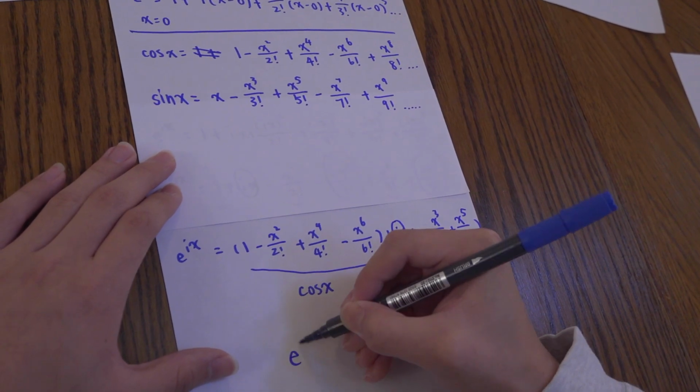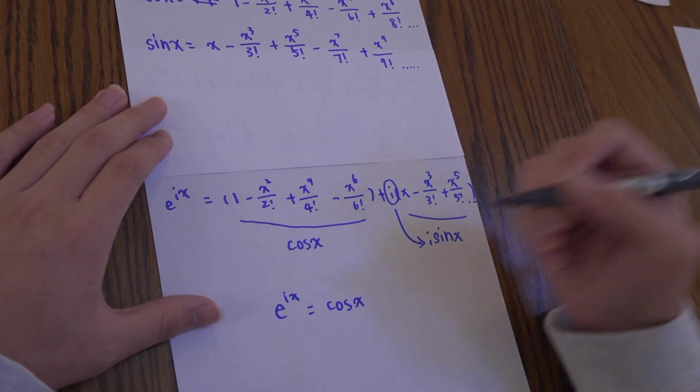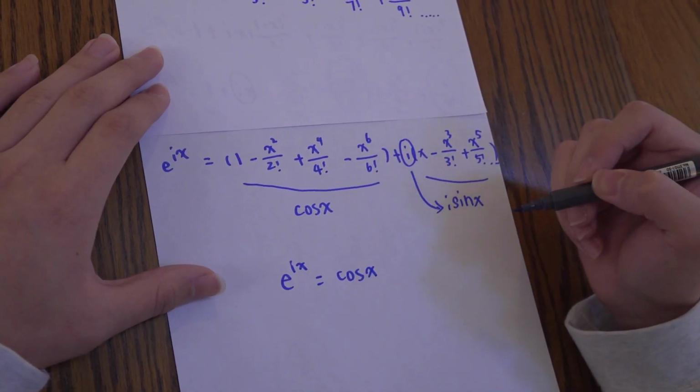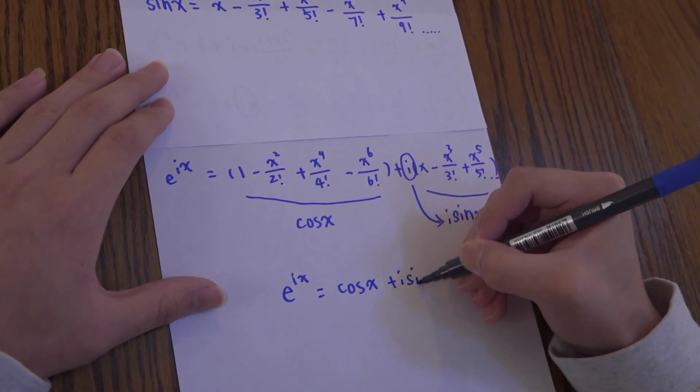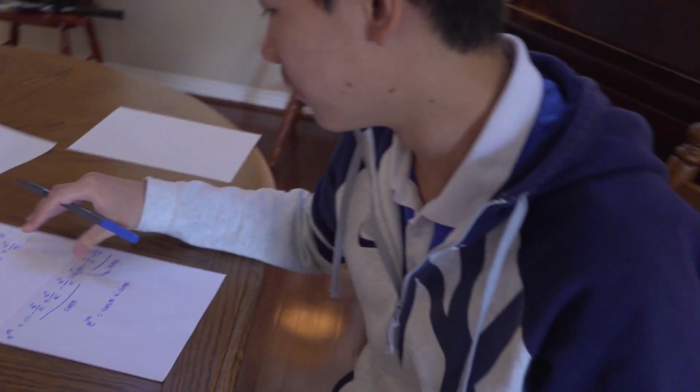Now we have finished proving that Euler's formula, e to the ix power, is equal to cosine x plus i times sine x. This is basically the way to prove that Euler's formula is true, with the left and right sides equal to each other, using the Taylor series.